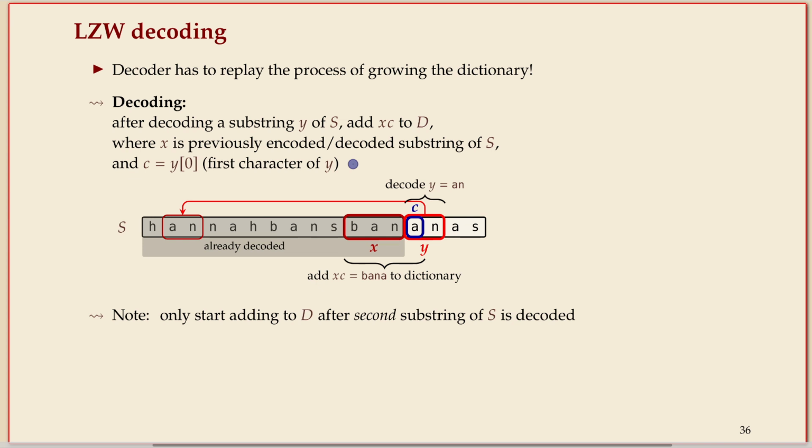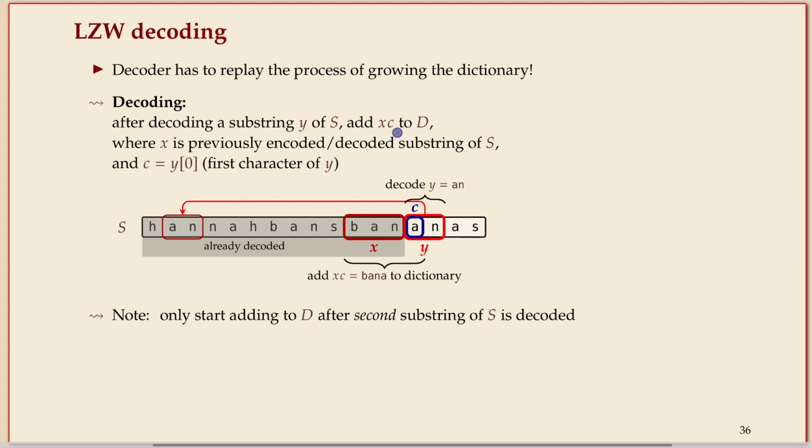And just for notation, I'll always use y for the thing that we decoded, and then x with c added as the thing that we add to the dictionary. Now the trick is that in the encoder, x and y was basically the same.